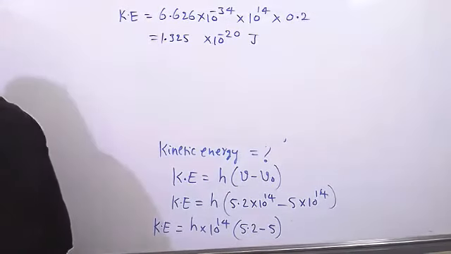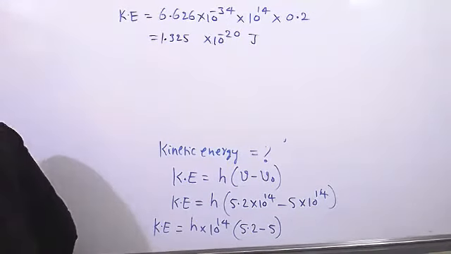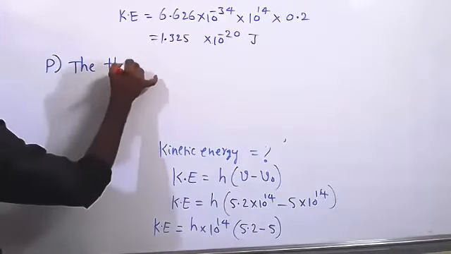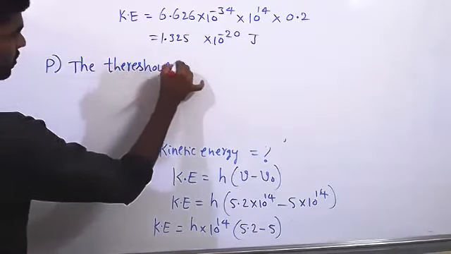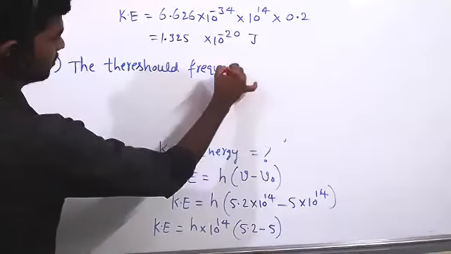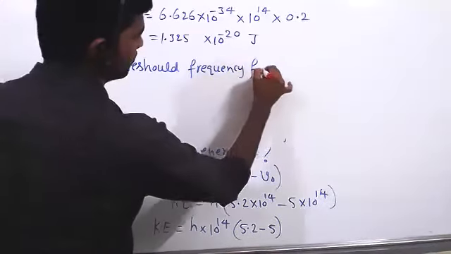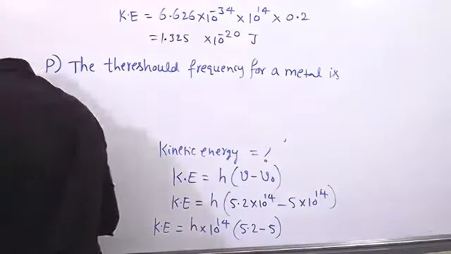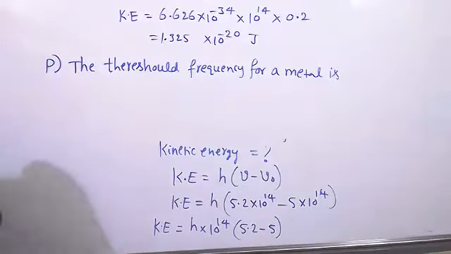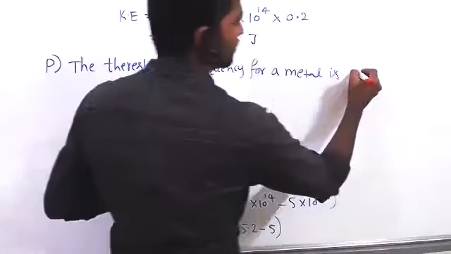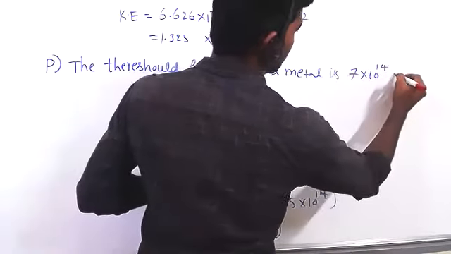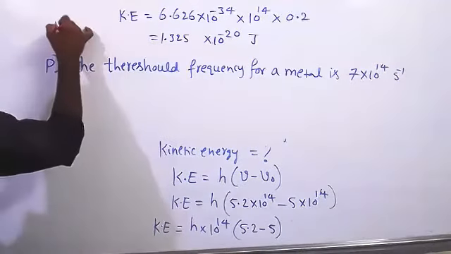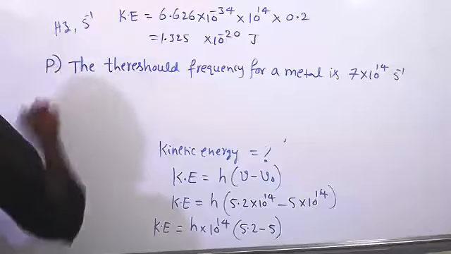The threshold frequency for a metal is 7 into 10 power 14 second inverse. So the unit of frequency is either hertz or even second inverse.